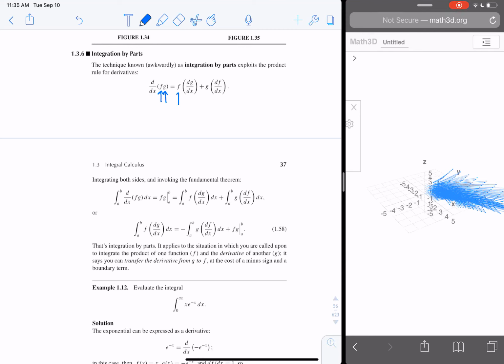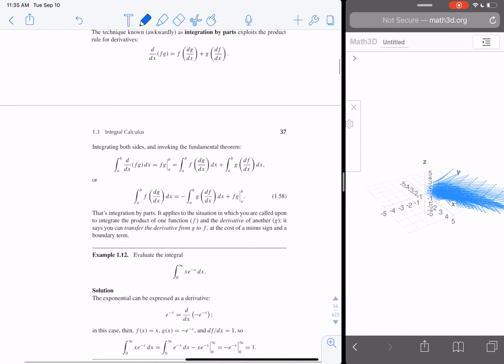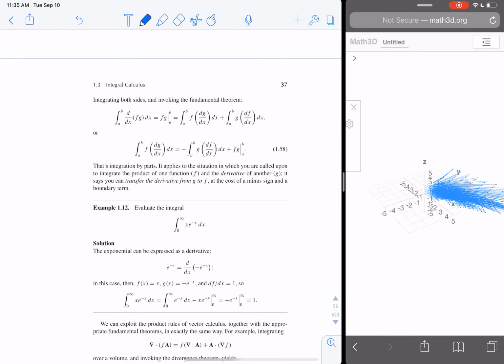And okay, so you get this thing for the product rule. So we want to say that the integral of some function f times the derivative of some function is equal to, this is the result that we're going to use. Okay, so we have to put our function in this form first.